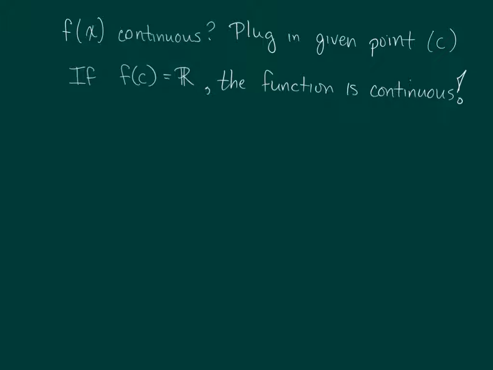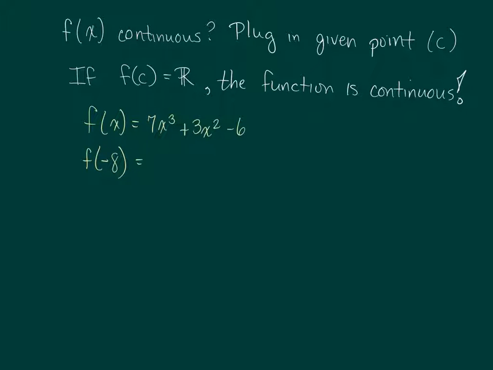So for this one, we have f of x is equal to 7x cubed plus 3x squared minus 6. And they want to know if the graph is continuous at f of -8. So all you have to do is go in and plug it in.